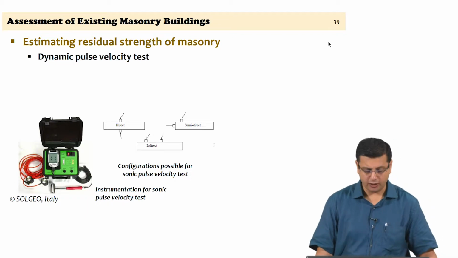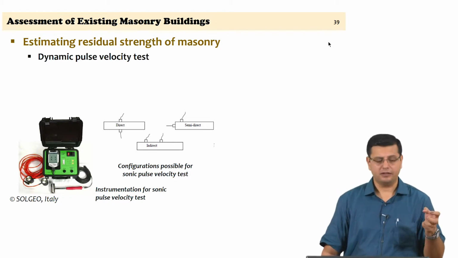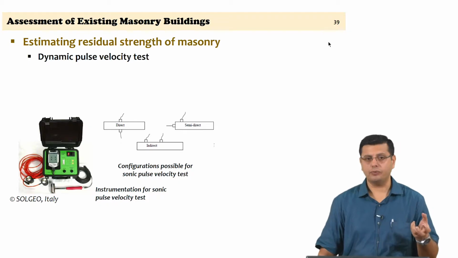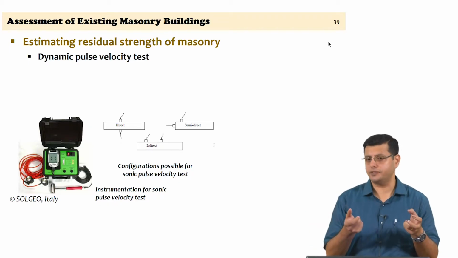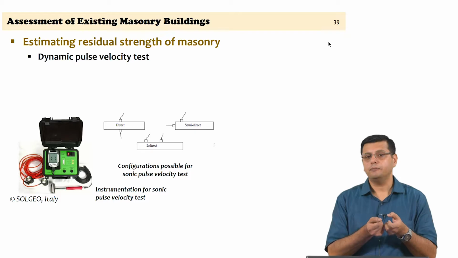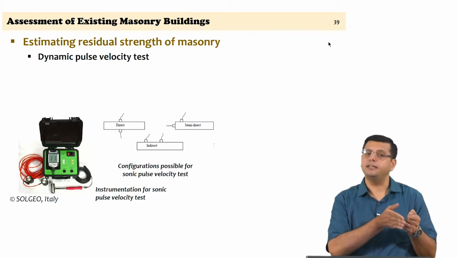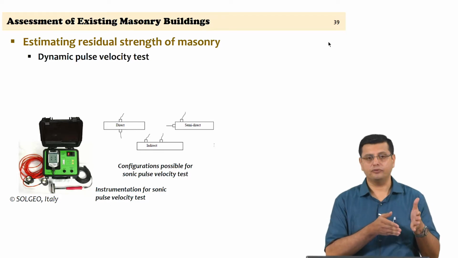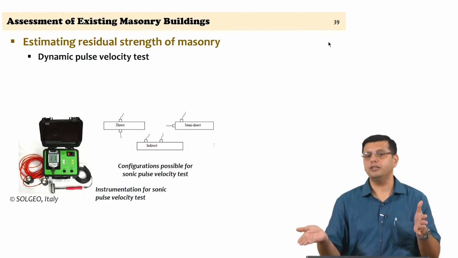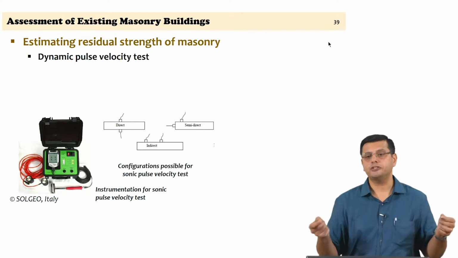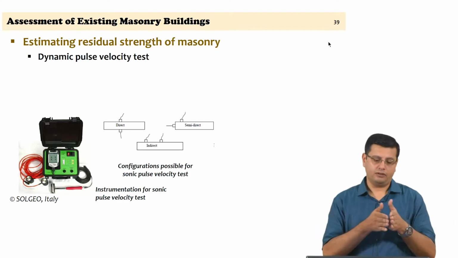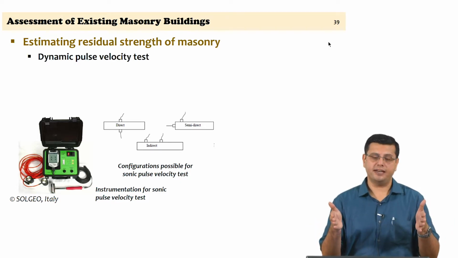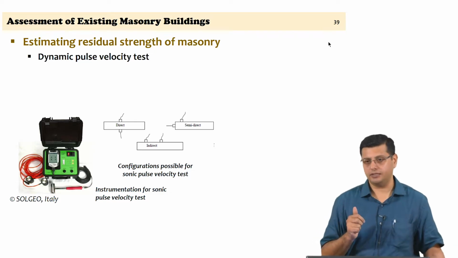You need a transmitter of sound because sonic waves are being transmitted, you need a receiver of sound, and then you are basically estimating how much time the pulse takes to go from one end of the specimen being tested to the other end, and then based on the distance, which is nothing but the cross sectional dimension, you are arriving at what the velocities are.